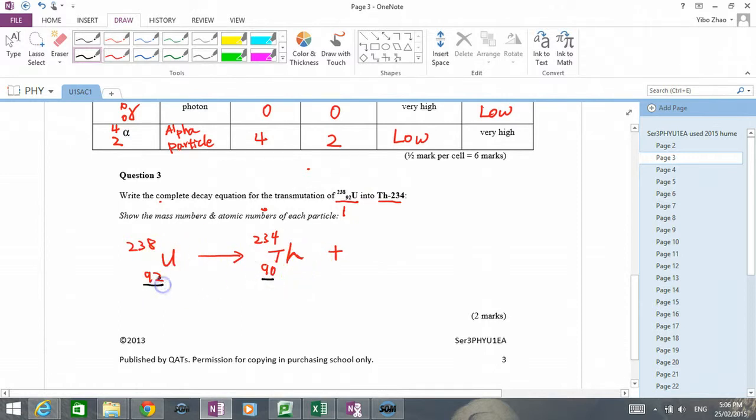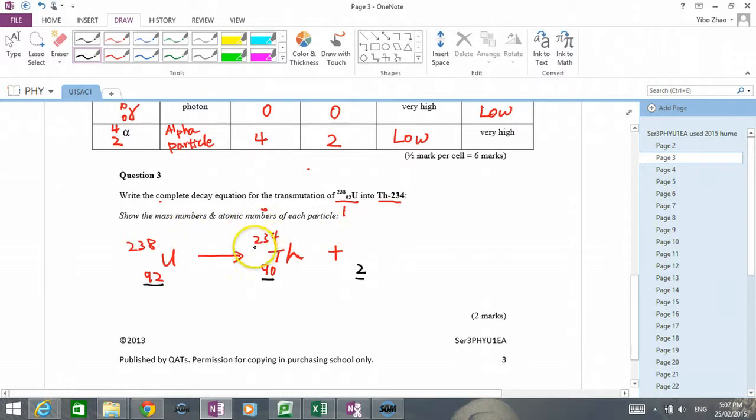The idea is that the total atomic number before should be the same as after. So the missing element must have atomic number of 2, because 90 plus 2 gives me 92. Now let's find out the mass number.